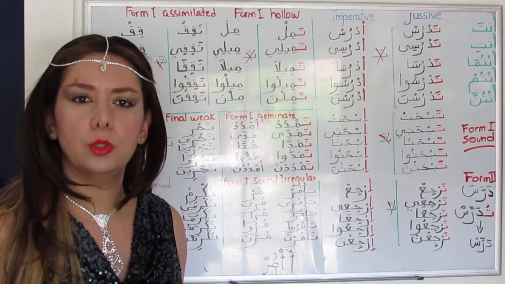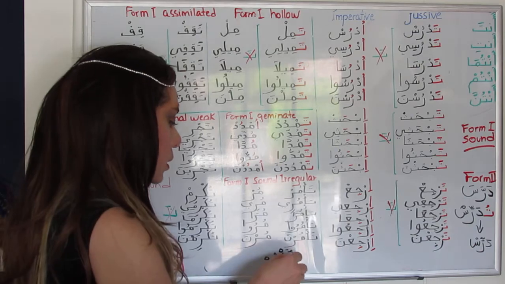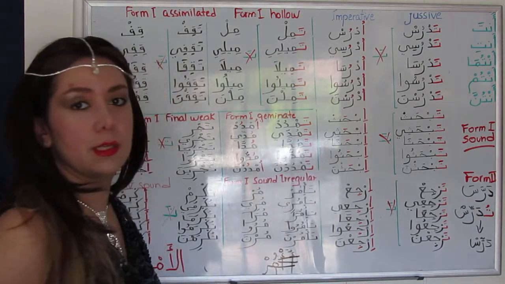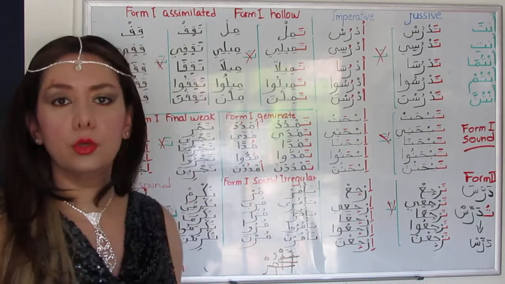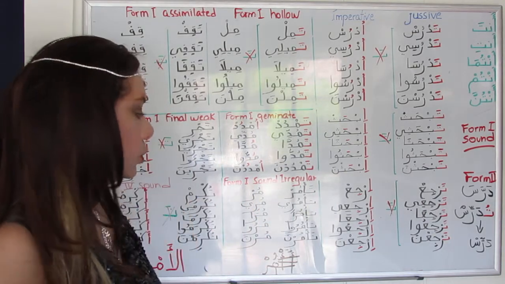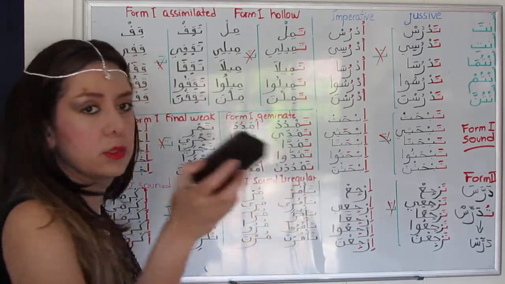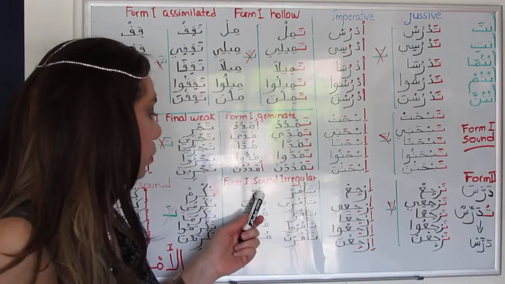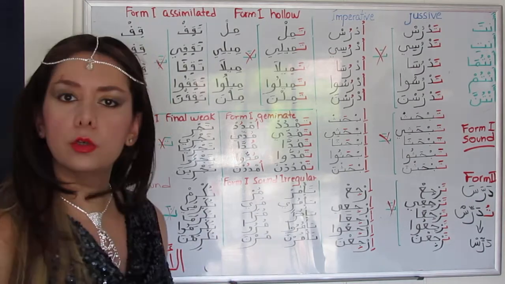So the linguists decided to erase these two hamzas. And we are left with mur to facilitate the pronunciation. Or because it sounds better. I don't know. Mur, muri, mura, muru, murna.